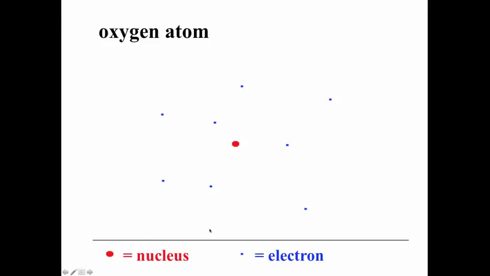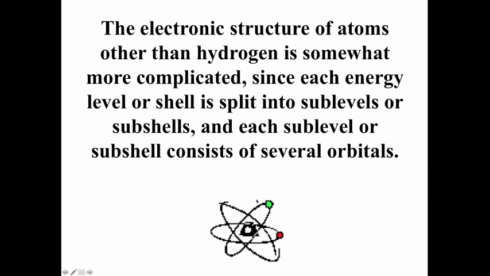For a multi-electron atom, like for example oxygen, one has to deal with the attraction of the nucleus to this electron, and to this electron, and to that one, and in fact to all of the electrons in the atom, but also with the repulsion of this electron and that one, and all of the inter-electron repulsions. That's pretty complicated.